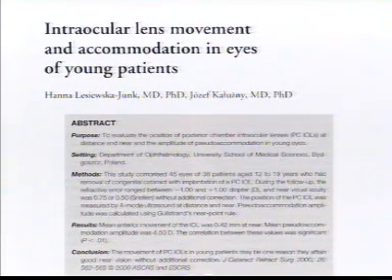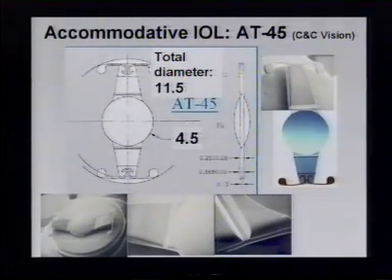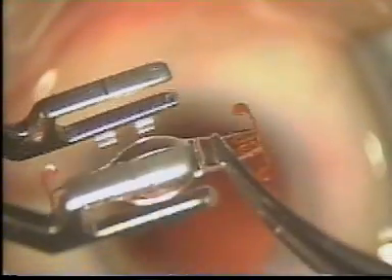Forward movement of an IOL induced by accommodative effort of the ciliary muscle has been reported by several authors, including Fukasaku, Lesivska, and Thornton. The AT45 crystal lens from C&C Vision is essentially a plate haptic silicone IOL with polyamide haptics designed to allow antero-posterior movement of the lens along the axis of the eye, thereby providing near, intermediate, and distance vision.